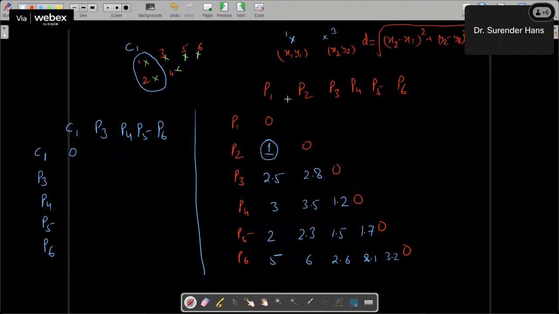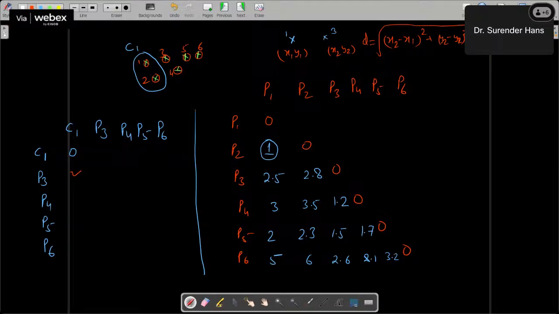Clear? Now the question is, how do we find the distance between C1 and P3? C1 consists of two data points and P3 is a single data point, a single cluster. How do we find the distance between C1 and this single cluster P3?